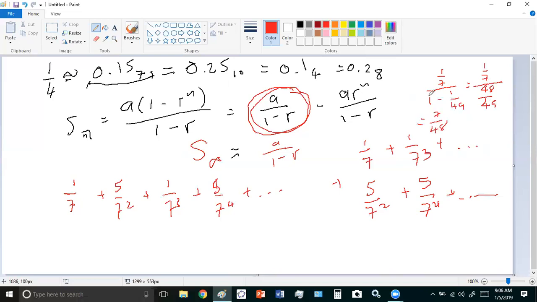So we have this series here equal to 7/48. And if you work this out here, you'll obtain the result that it's equal to 5 over 48. And so 7 over 48 plus 5 over 48 will give you what? 12 over 48, right? And that reduces to 1/4, okay?